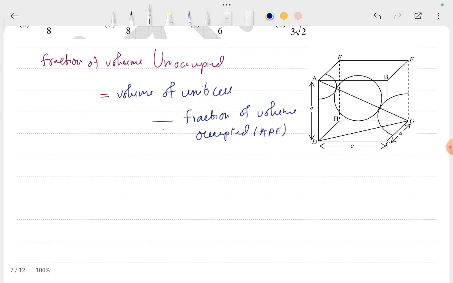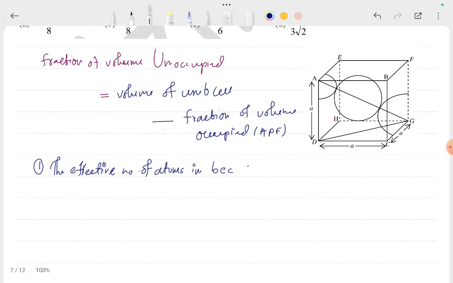First, calculate the effective number of atoms in the BCC structure.